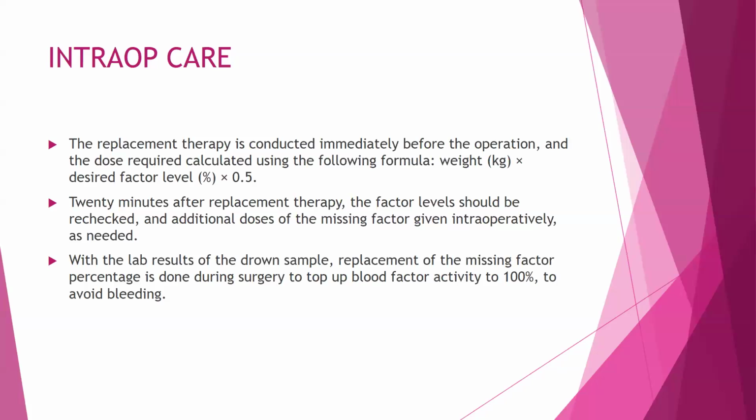So 20 minutes after replacement, the factor level should be rechecked in ideal situations, and then additional doses of missing factor will be given intraoperatively. So with the lab results that you have, replacement of the missing factor percentages is usually done during surgery so as to top up the blood factor activity to 100%.